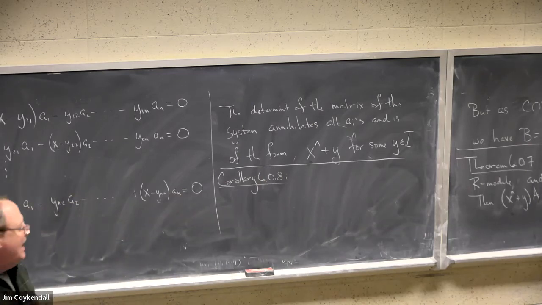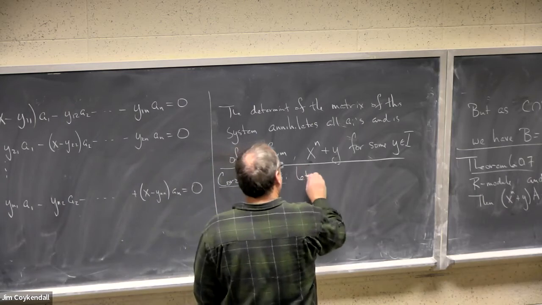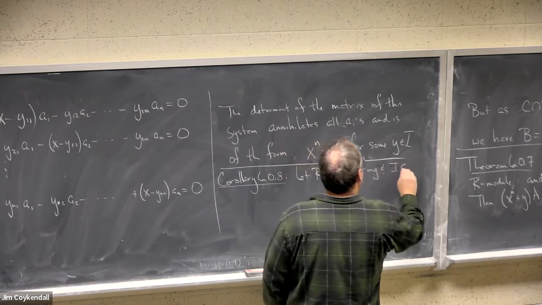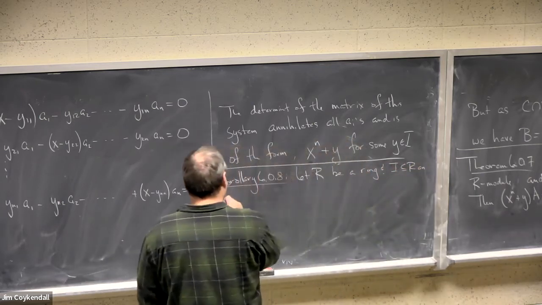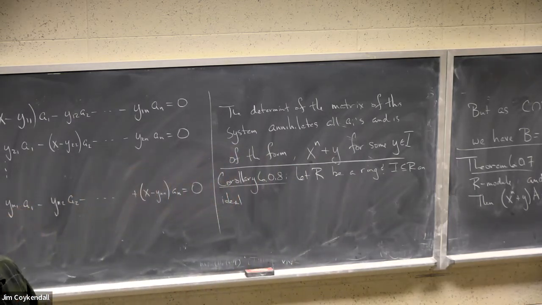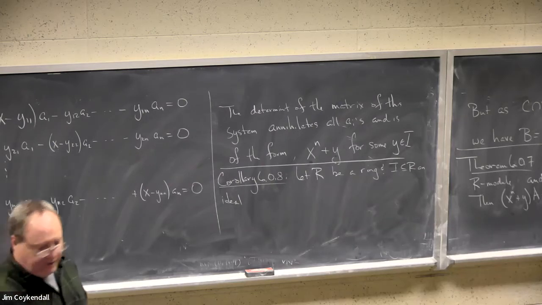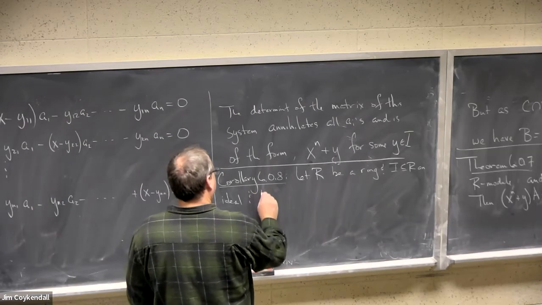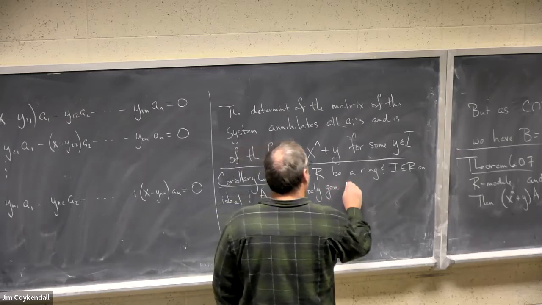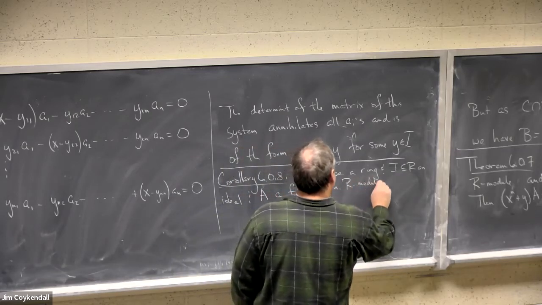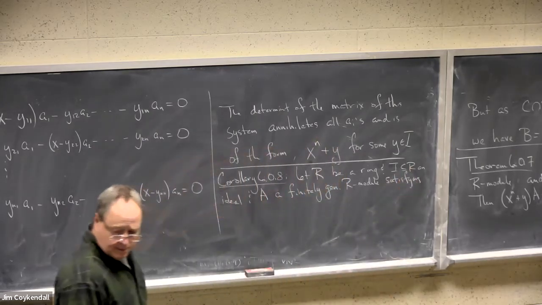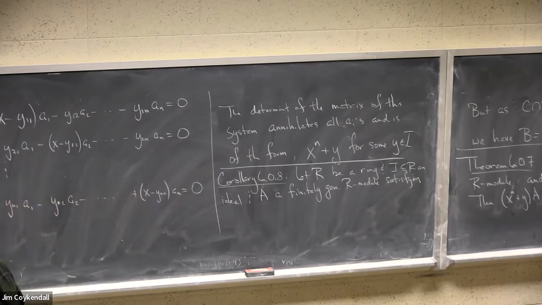Let R be a ring and I an ideal, and A a finitely generated module satisfying that IA is equal to A.